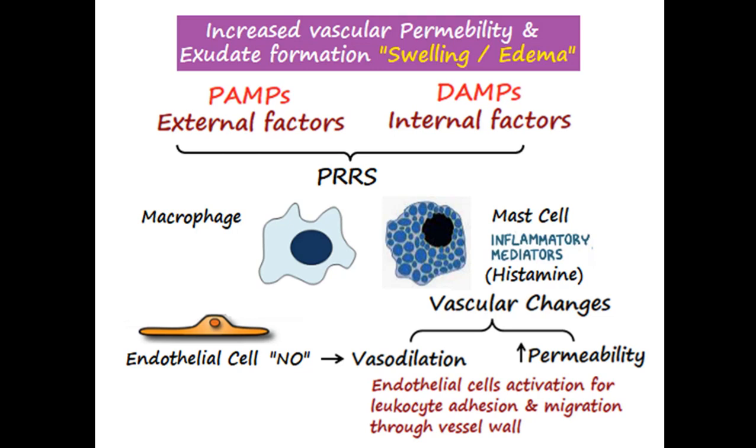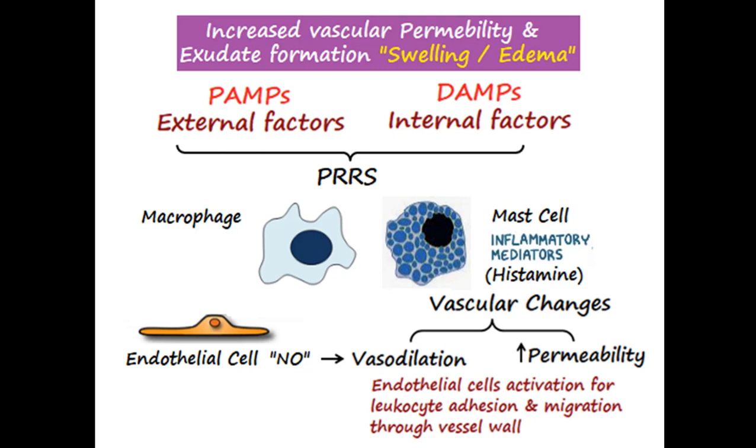And the cytokines released by various inflammatory cells will activate the endothelial cells of the blood vessels, and we discuss in the next slide how the leukocytes get adhered and how they migrate through the blood vessel wall into the extravascular tissue.